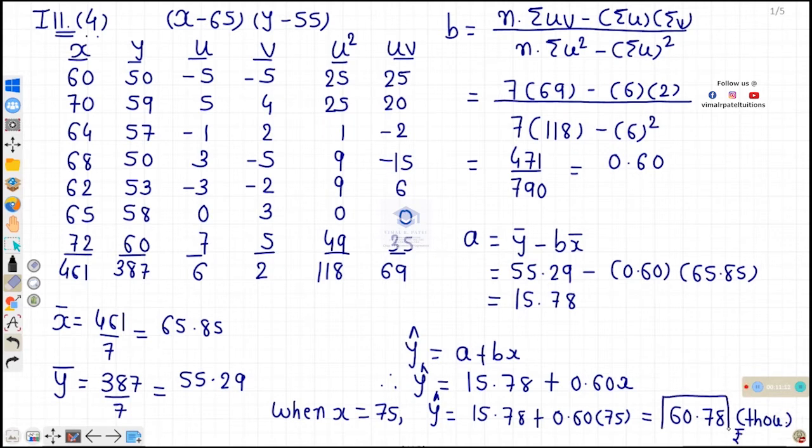So when estimated income of a person is 75,000, then his expense will be 60.77 or 78.